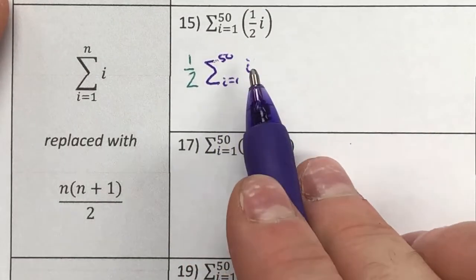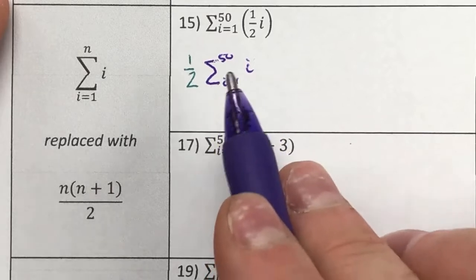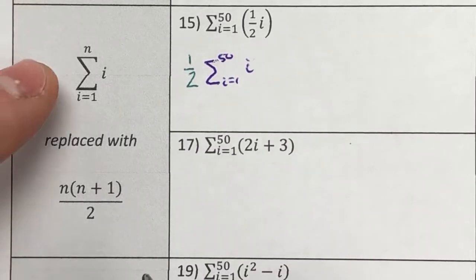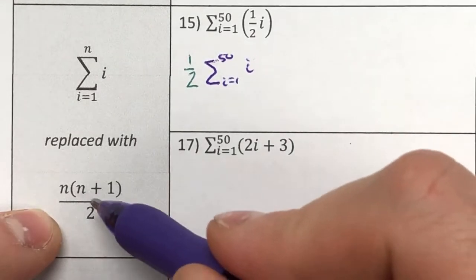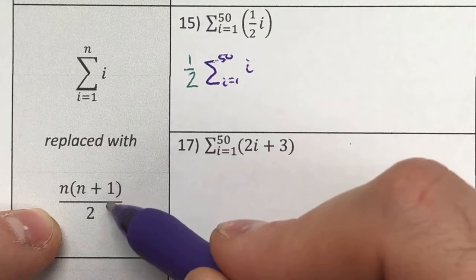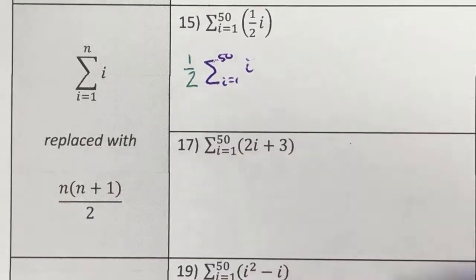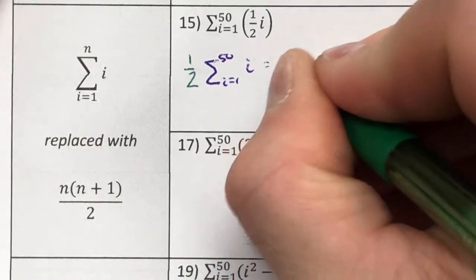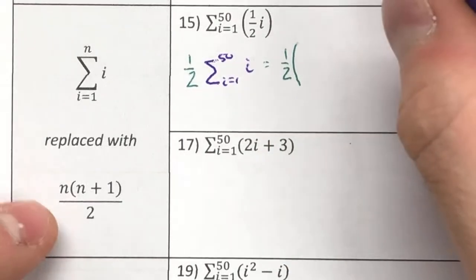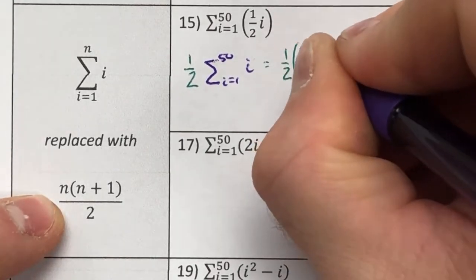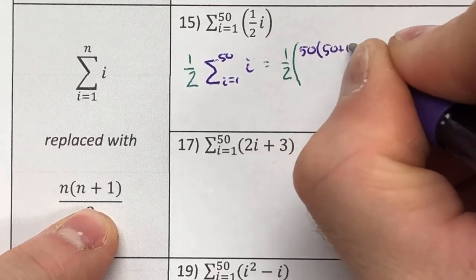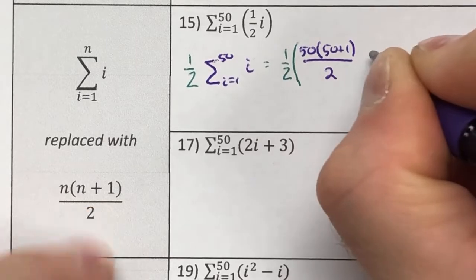And now the shortcut of summing 1 plus 2 plus 3 plus 4 plus 5 plus 6 all the way to 50 is I'm going to take this formula right here. I'm going to say 50 times 50 plus 1 all divided by 2. So let's see what that gets us. So 1/2 of my n in this case is going to be 50, and then I'm going to take 50 plus 1 all divided by 2.